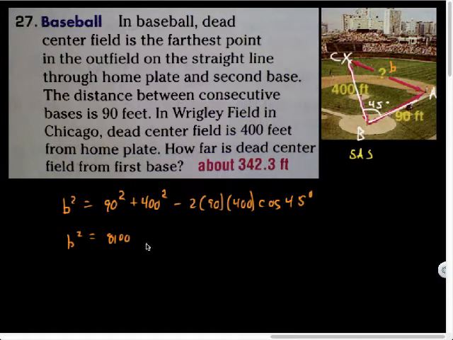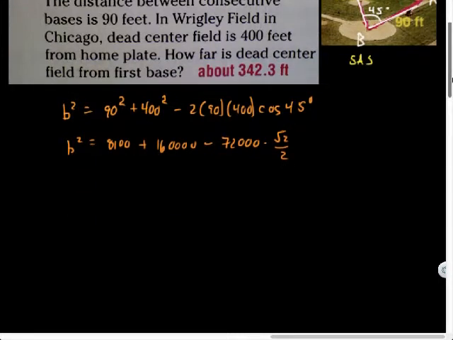So let's see, 8100 plus 400 squared, that's 160,000, minus 2 times 90 times 400, which is 72,000, times the square root of 2 over 2. Let's use the exact value for as long as we can anyway.